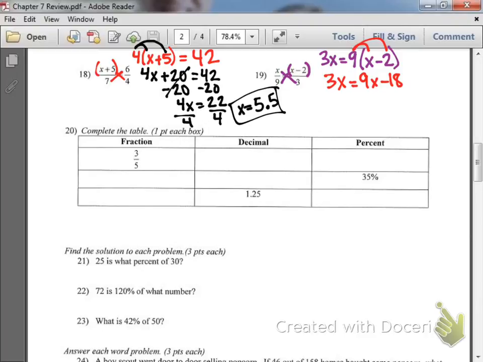Now, this one's even harder because now I have x's on both sides. What do I do when I have x's on both sides? I'll give you a hint. We want to move the 9x over with the 3x. How do I do that?